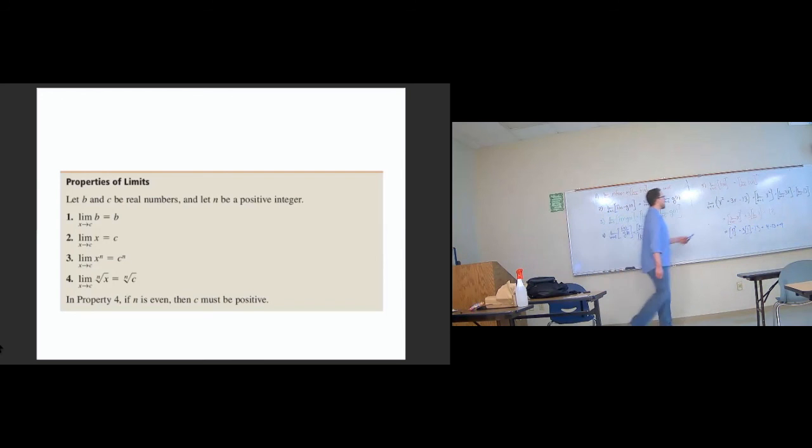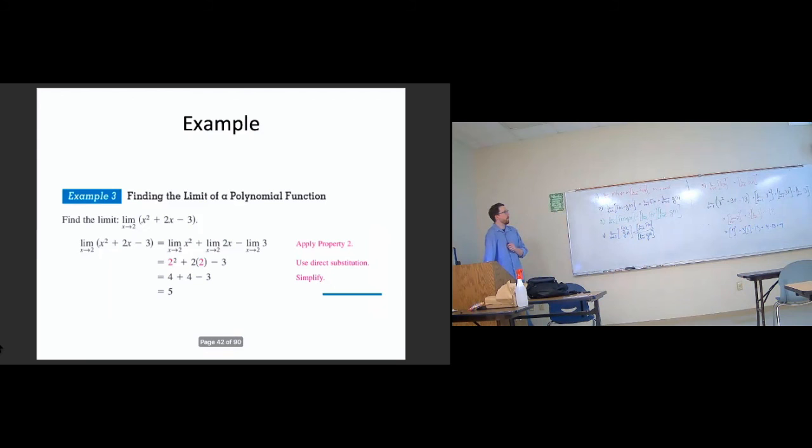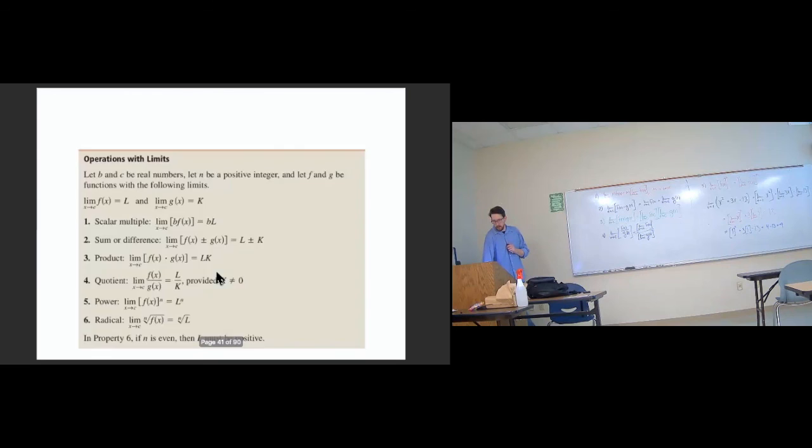So looking at it step by step, all we're doing is applying these rules as much as we can. Again, obviously I didn't use the same polynomial they did. That is what they're trying to say here, is that you can use what's called direct substitution.